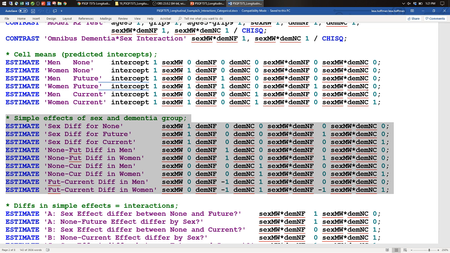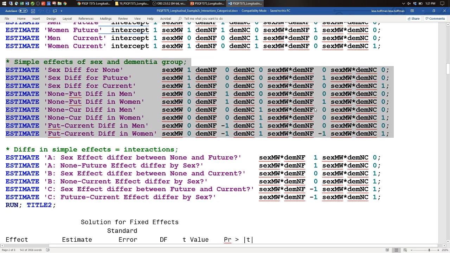So I remember mine. It's still drilled in my head. Different differences. It's that these differences are different as a function of something else. So the next set of terms take each of these differences and compare them.